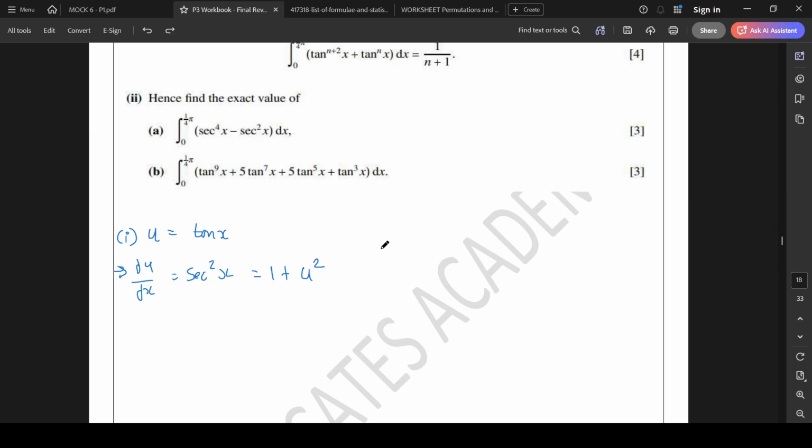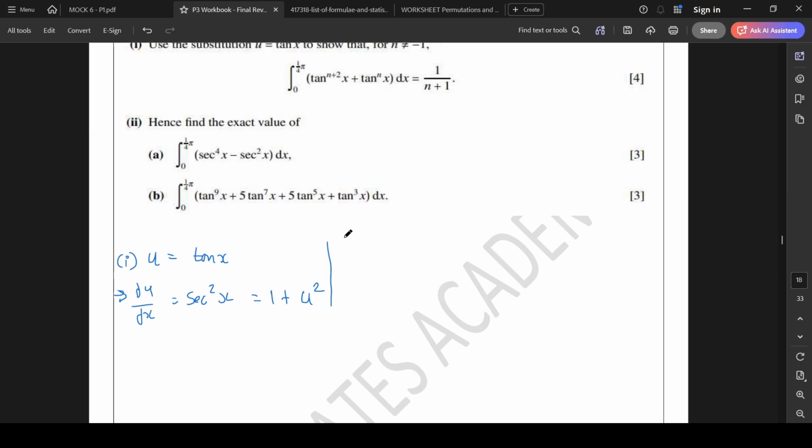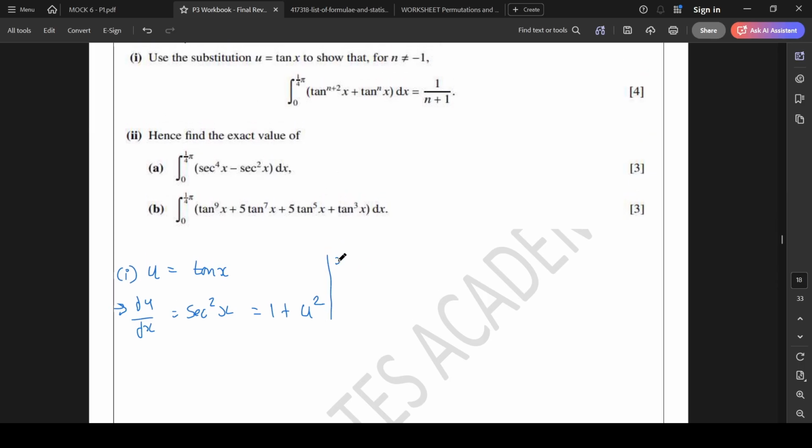And I'll now convert my limits from x to u. When x is equal to 0, my u will be tan of 0, which is 0. When my x is equal to pi by 4, my u will be equal to tan of pi by 4, which is equal to 1. So my limits go from 0 to 1.